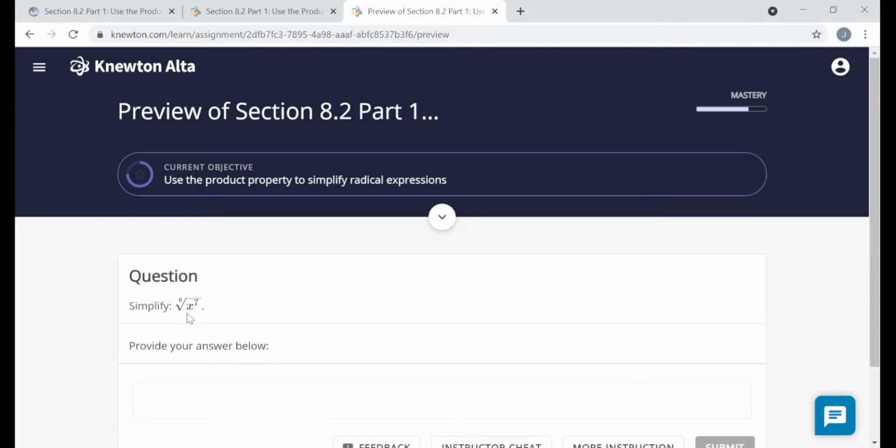Please be aware that you might come across odd roots, right? Cube root, fifth root, seventh root. Just pay attention. Now with an odd root, the result doesn't need to be positive. You don't write absolute value symbols when simplifying an odd root.